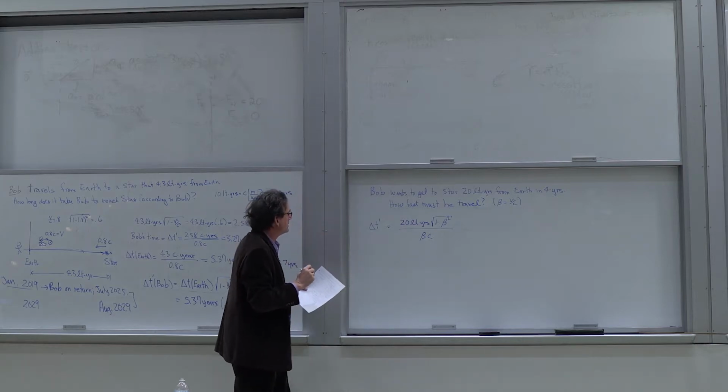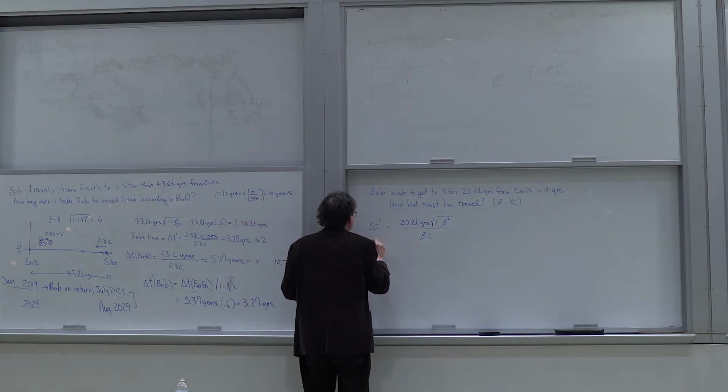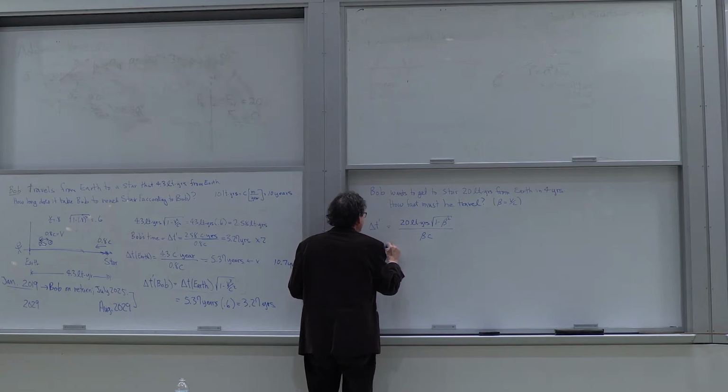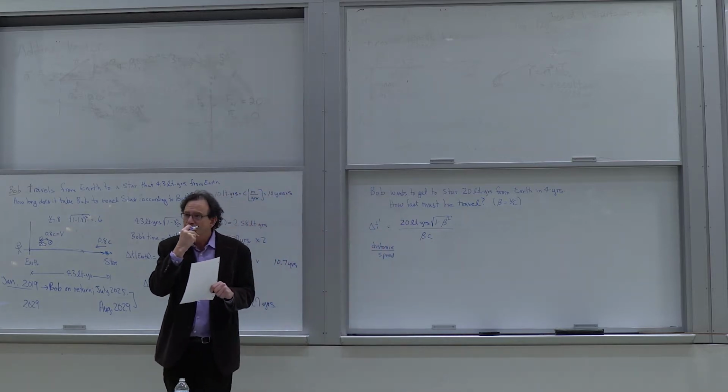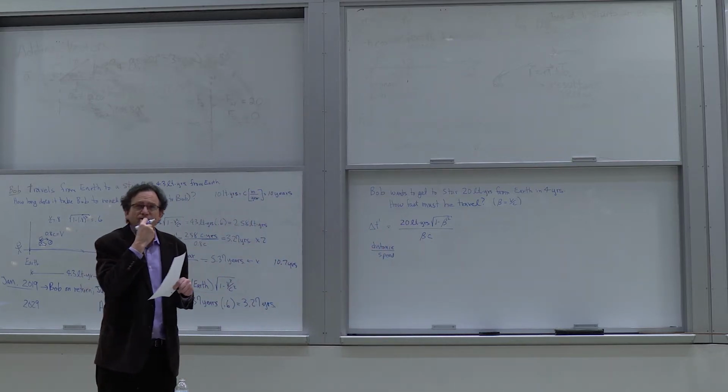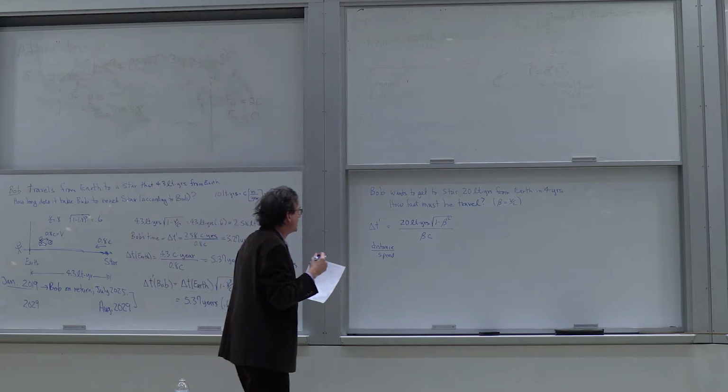In other words, Bob is calculating his time as distance divided by speed. That's Bob's time.